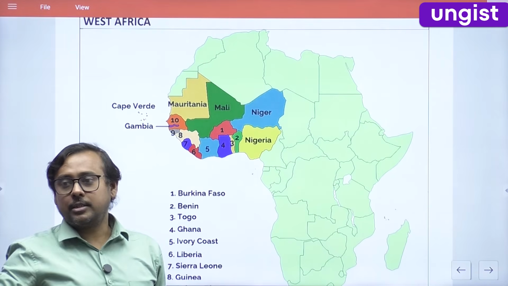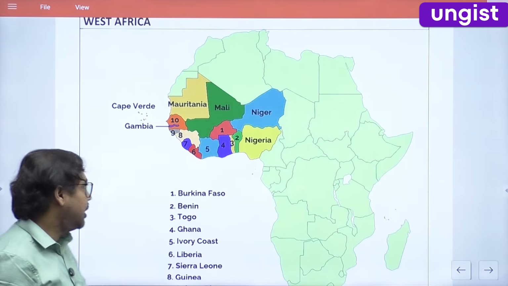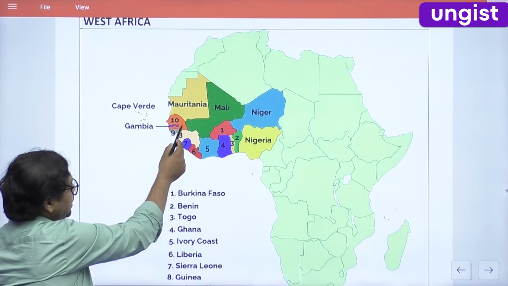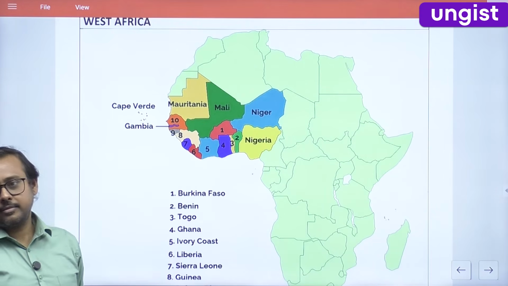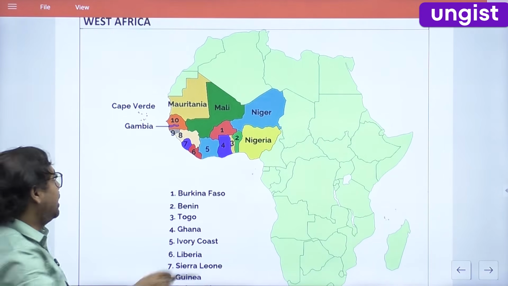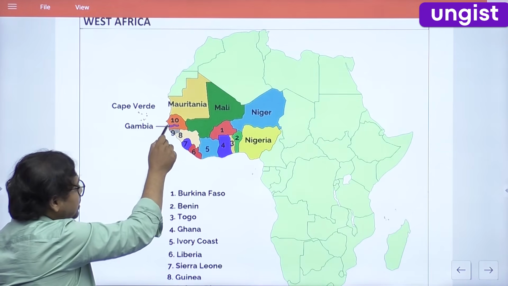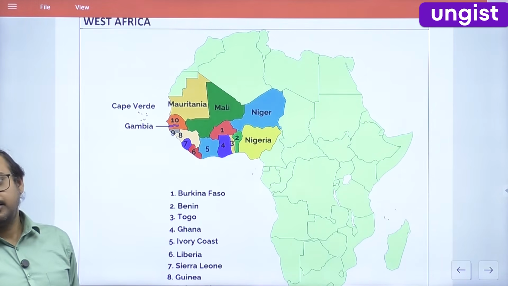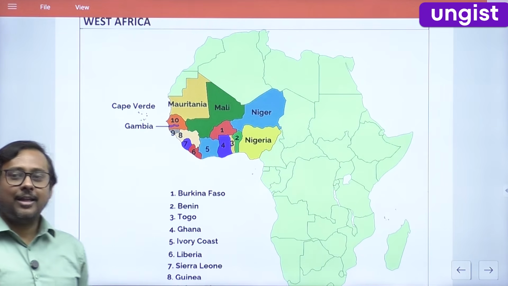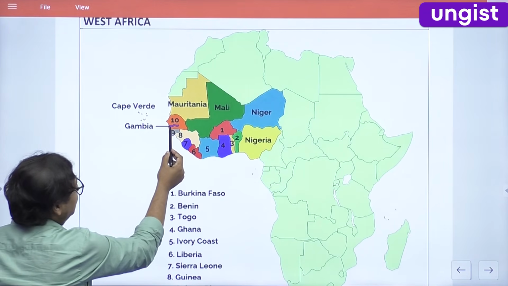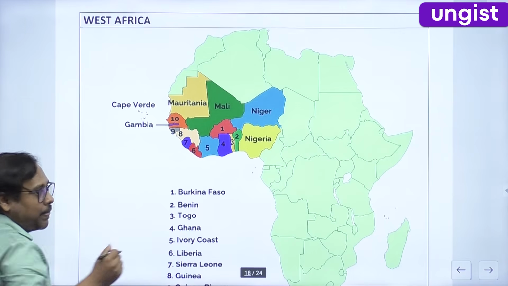During the period of colonization, the British occupied this particular river, the Gambia River, and the French occupied the entire Senegal. So when the country got divided, this is your river actually.